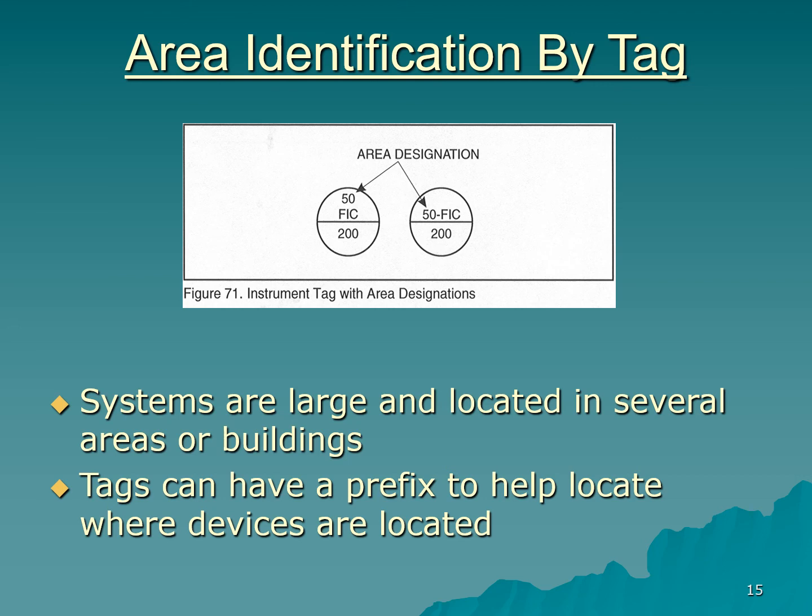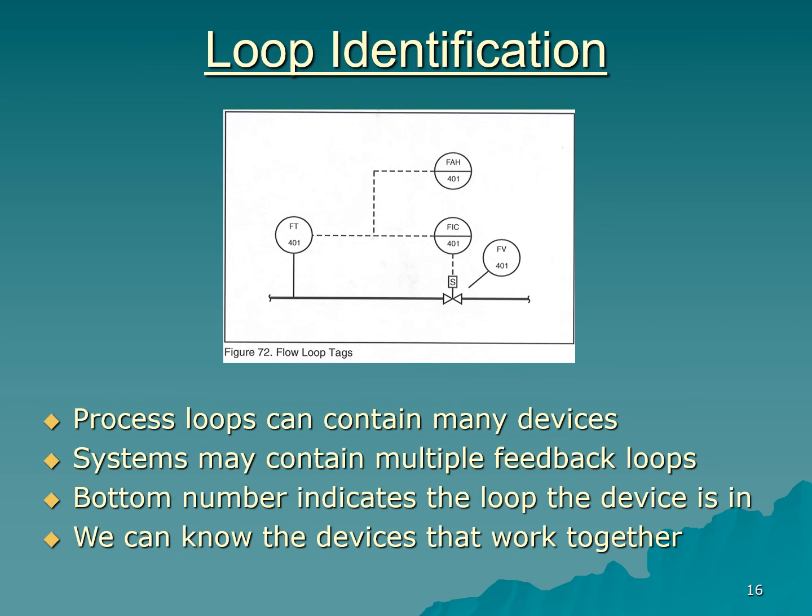Now the location, the area 50, and that's very arbitrary. That could be a building; a lot of it depends on what that definition is. Now we also have loop indicators, which is what these are. All these are part of loop 401.